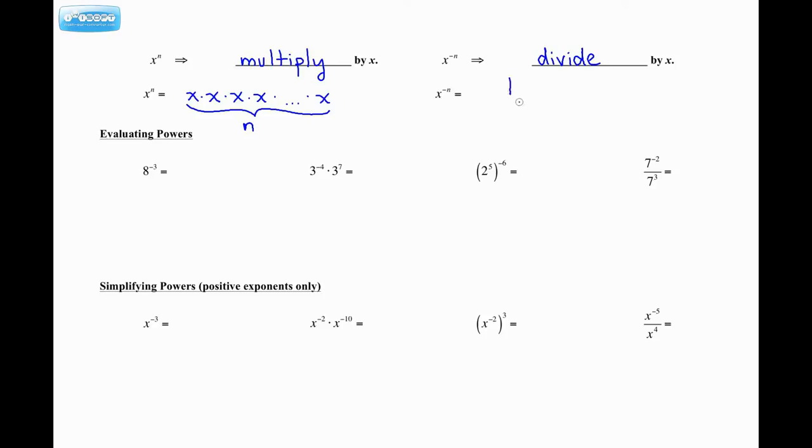Do it like this. So x times x times x times dot dot dot times x. And again, there are n of them. But that can be written like this. There we go.